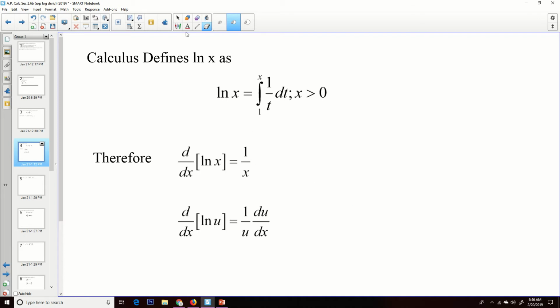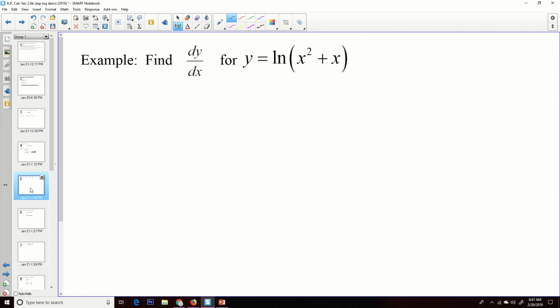And here we have an instance of the chain rule, where we say if we take the derivative of the ln of an expression with respect to x, then that's going to be 1 over that expression times the derivative of that expression. So if I want to find dy over dx, I am going to use this property.